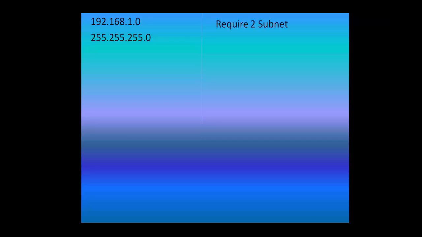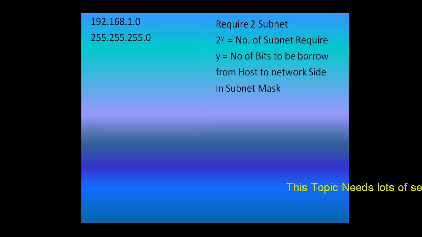Here we require two subnets, as I discussed with you. For that purpose, I have to use another formula, 2 raised to power y, where that is the number of subnets required.